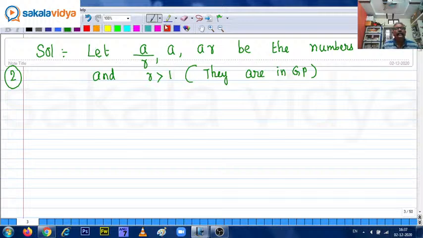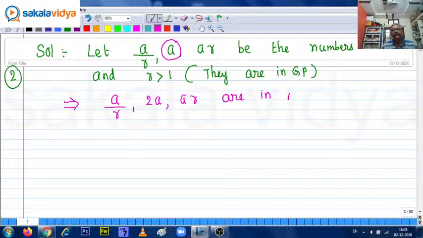Now the middle term is doubled, 2 times a, so now a upon r, 2a, ar are in arithmetic progression. That means 2a is the arithmetic mean between these two. So 2a equals half times a upon r plus ar.